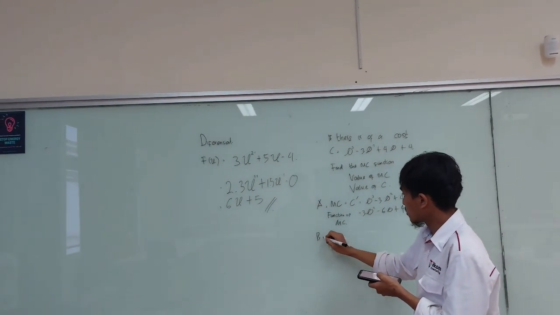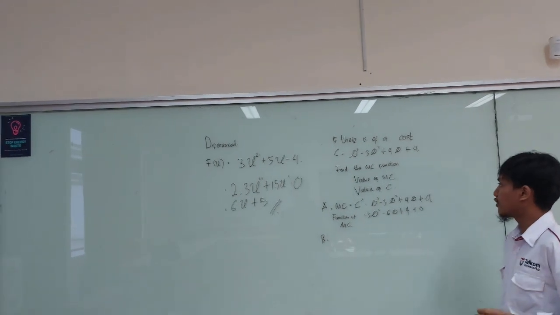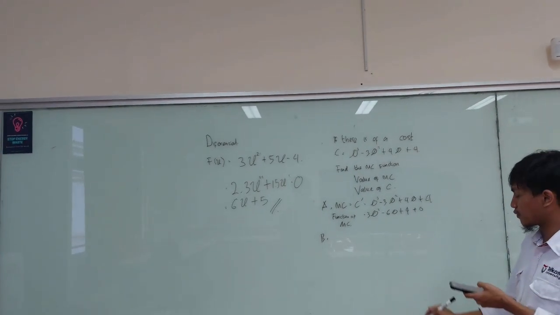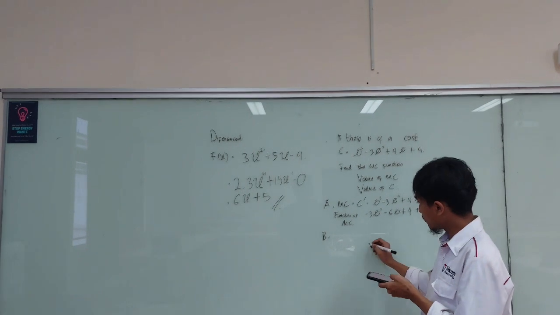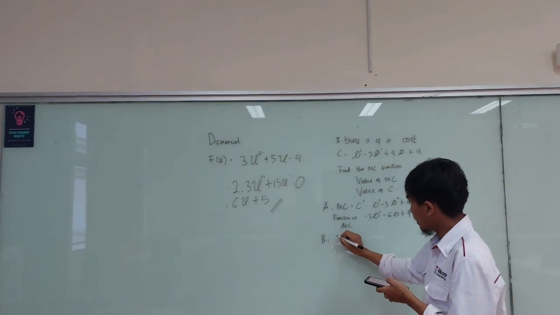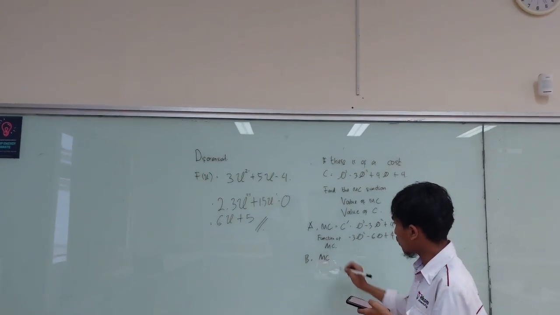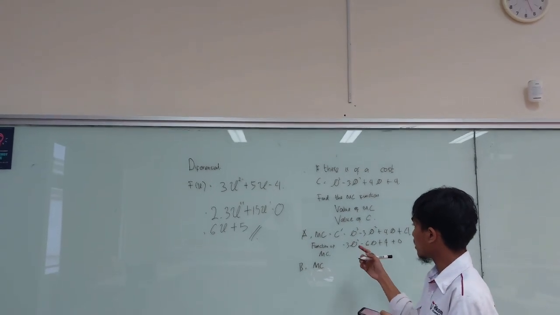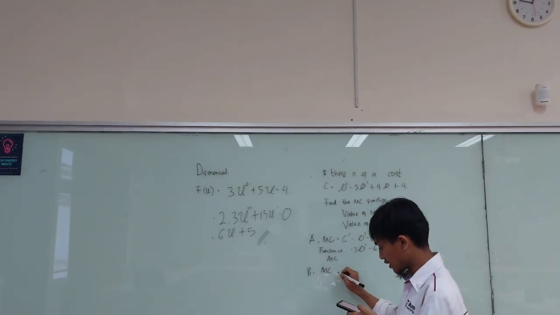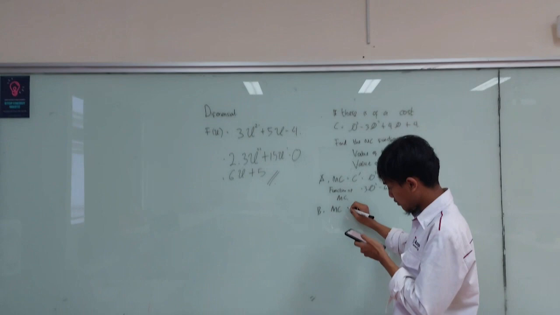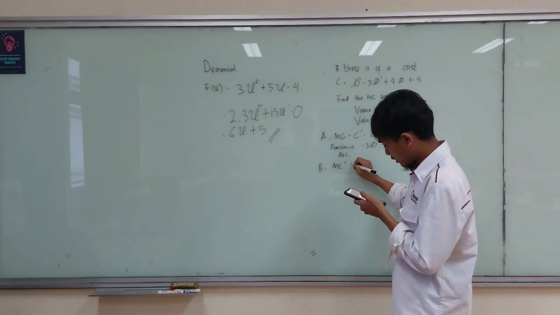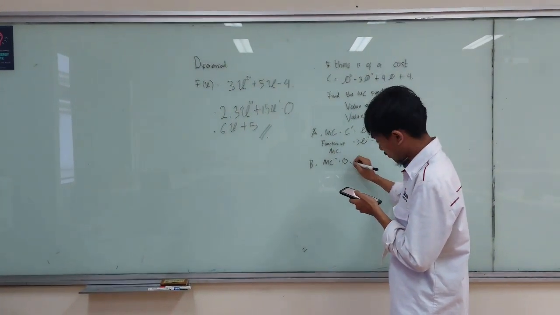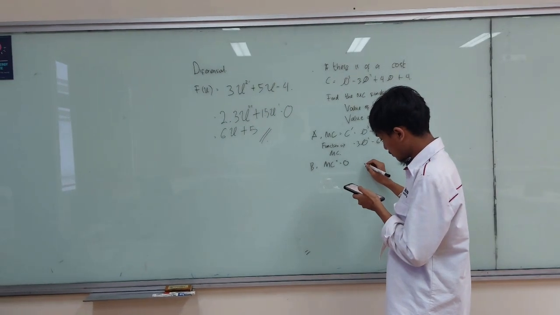And the second was define the value of MC. The value of MC, we put it like the second derivative of the C function or cost function.